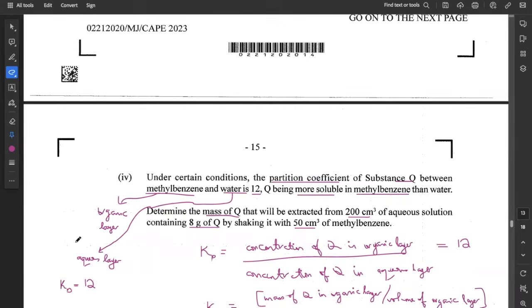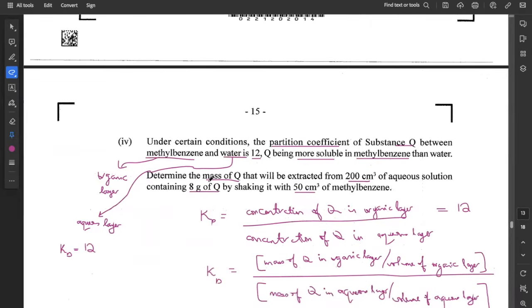So all of this is information that we get from the problem statement, okay? So now they're saying determine the mass of Q that will be extracted from 200 cm cubed of aqueous solution containing 8 grams of Q by shaking it with 50 cm cubed of methyl benzene, okay?